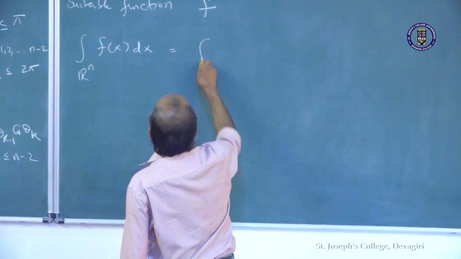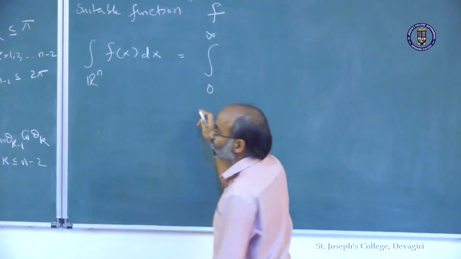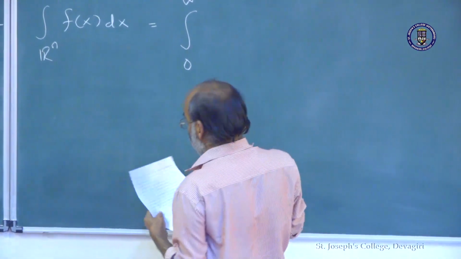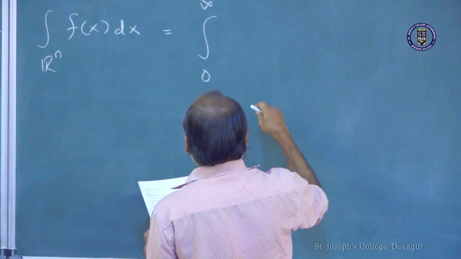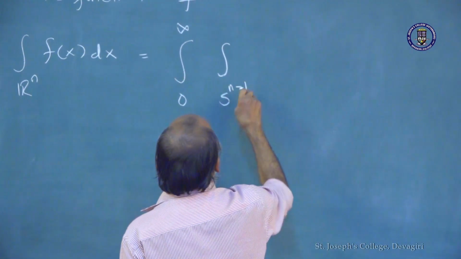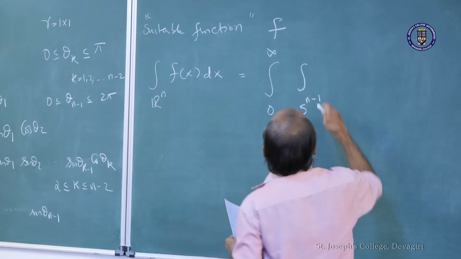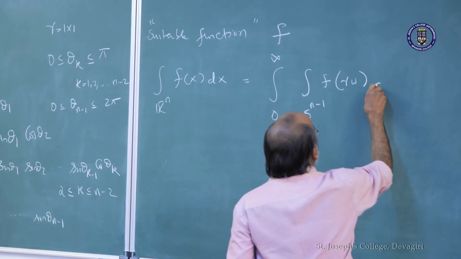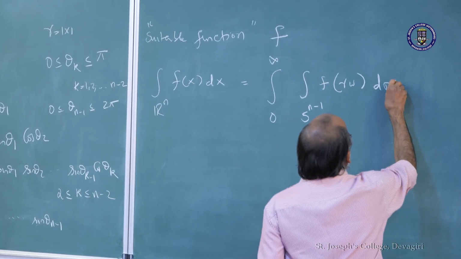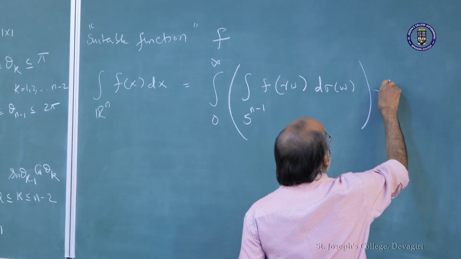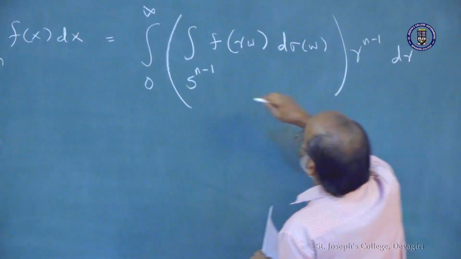So this becomes the integral from 0 to infinity, that is the range for r, and you have the other ranges. One can write this as the integral over Sn minus 1, that is the sphere in Rn, of f of r omega d sigma omega, I will explain all this, times r to the n minus 1 dr. So what is Sn minus 1?